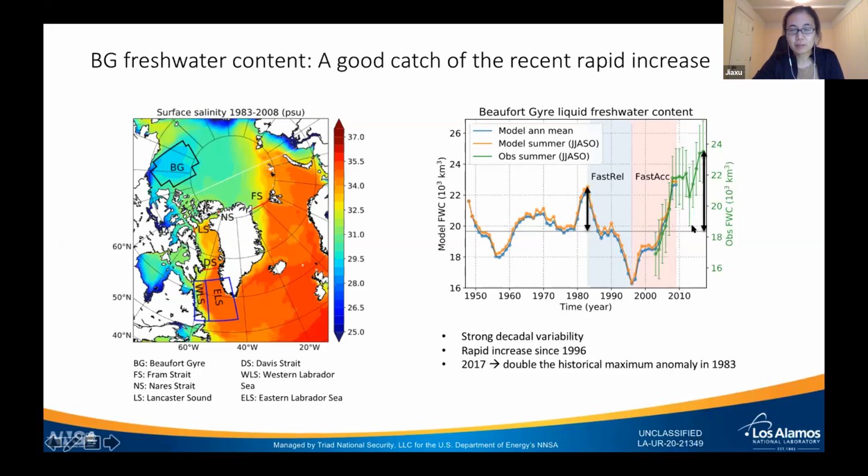And if our model is correct, currently the freshwater anomaly is already double its historical maximum, which was found in 1983. So from now on, we're going to focus on 2 periods. The first one is the fast release, which is 1983 to 1995, and the second period is from 1996 to 2008.